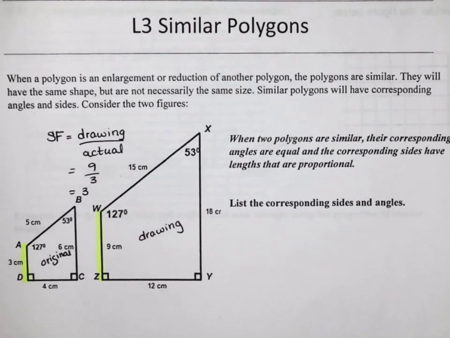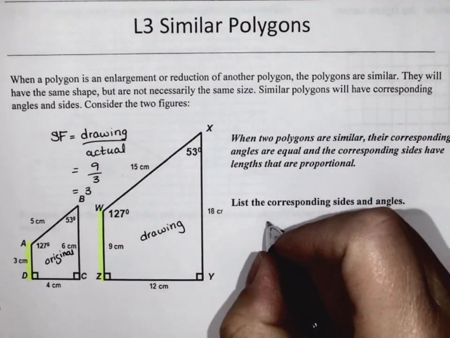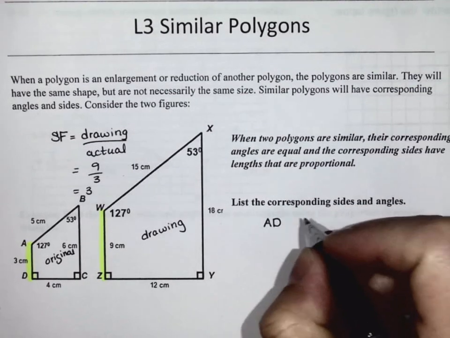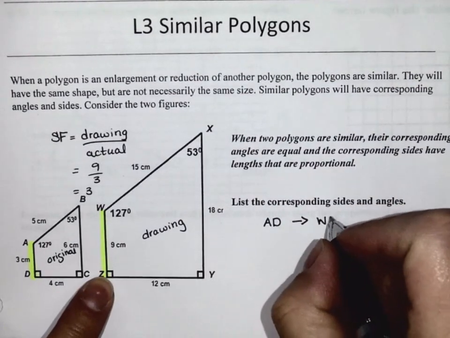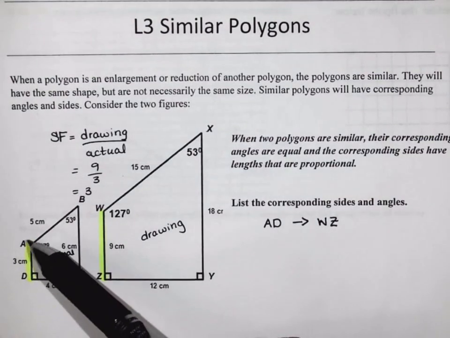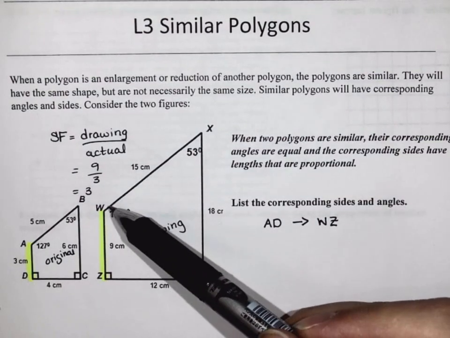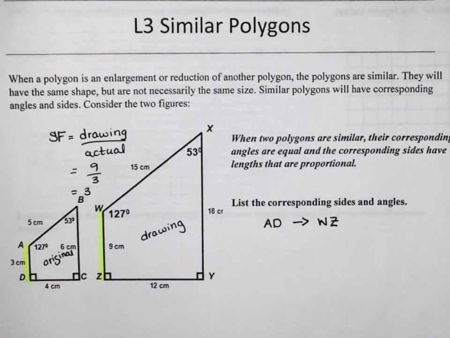Okay, so let's match up the sides. So I did the yellow. So we know that AD corresponds to WZ. And so if I went from A to D, I'm going to go from W to Z. Would you be wrong if you wrote ZW? No, but we like to keep it grammatically correct.